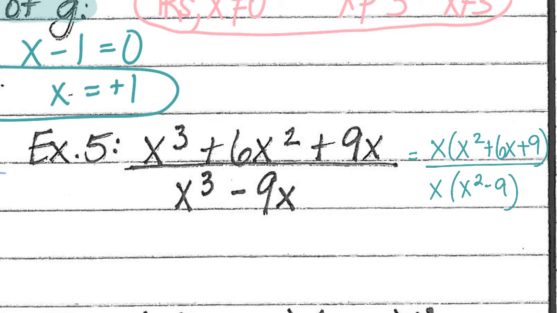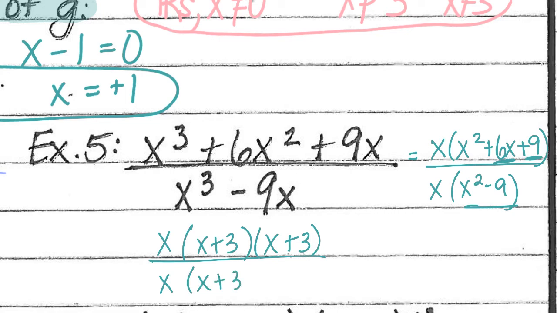Hopefully you see that this on the right side could be factored further. So this is going to be x, and the factors of 9 that add up to be 6 are 3 and 3. I'm actually going to show that 2 times in case they both have to cancel out. And you should know the difference of 2 squares, x plus 3, x minus 3.